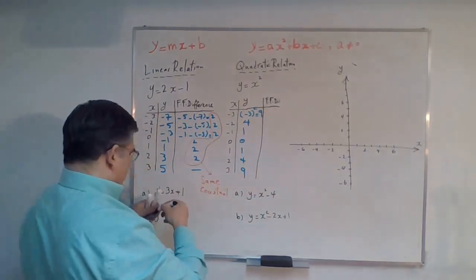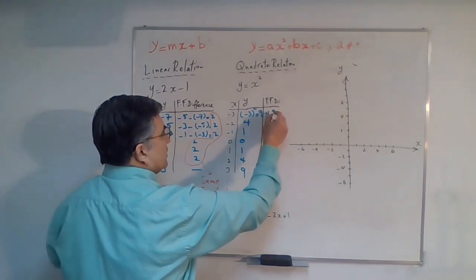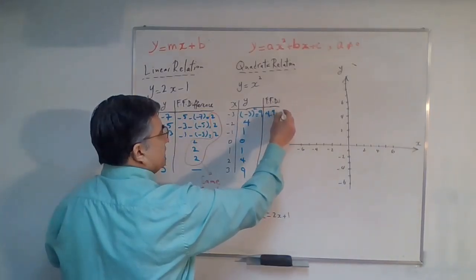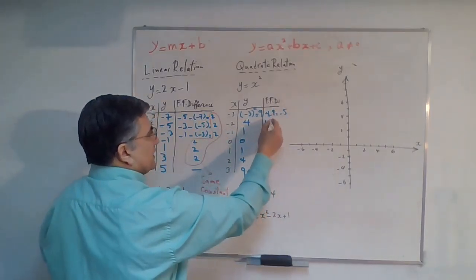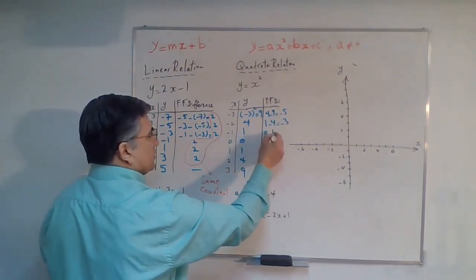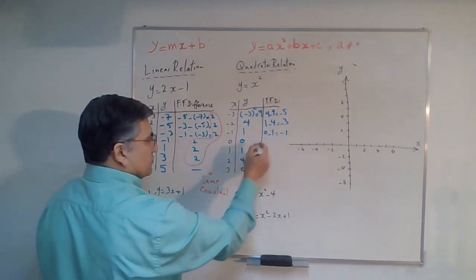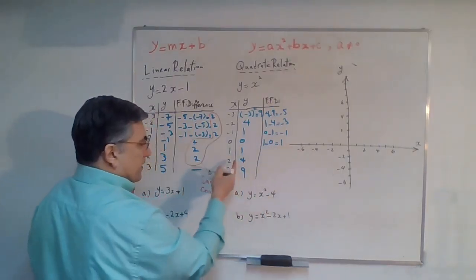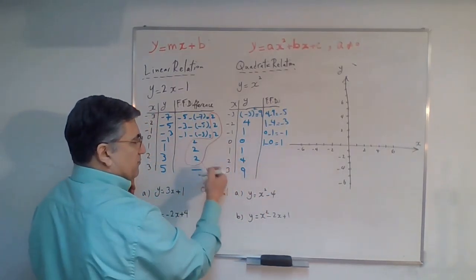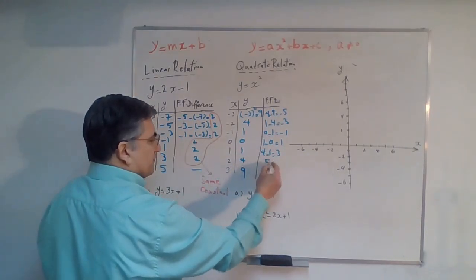So it's going to be actually 4 minus 9, which is negative 5. 1 minus 4 is the next one, which is negative 3. 0 minus 1, that's negative 1. 1 minus 0 is 1. Lower number minus upper number, 4 minus 1, that's a 3. 9 minus 4 is a 5.